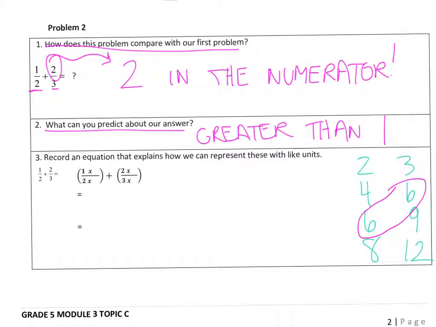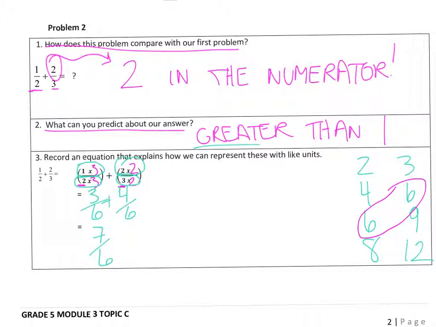To turn my half into sixths, I multiply by 3. And to turn my thirds into sixths, I multiply by 2. So 1 times 3 is 3, 2 times 3 is 6, 2 times 2 is 4, 3 times 2 is 6.